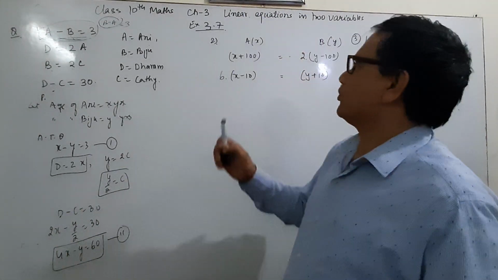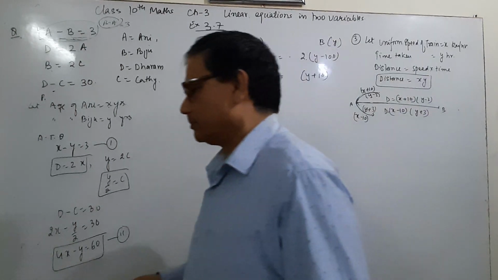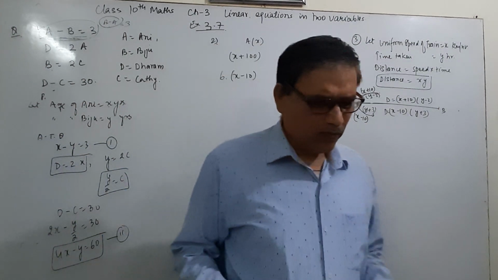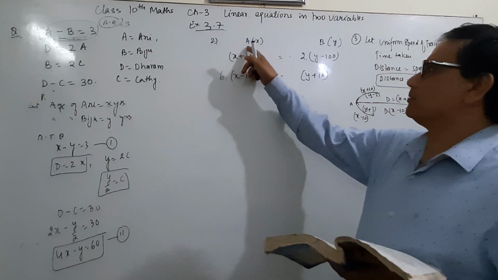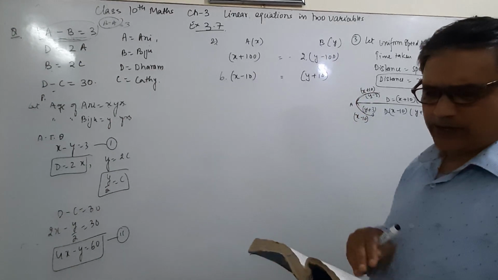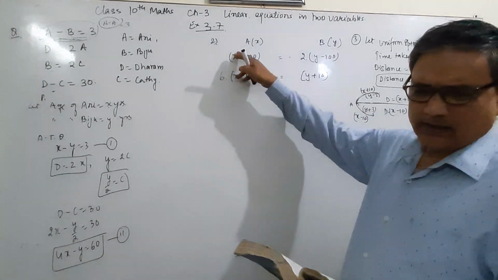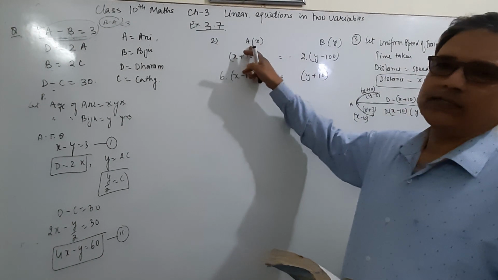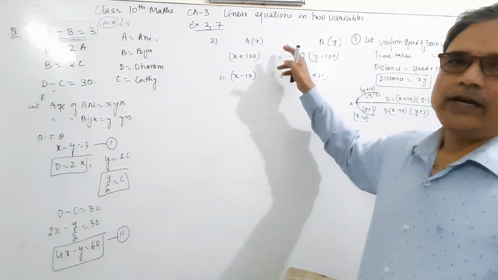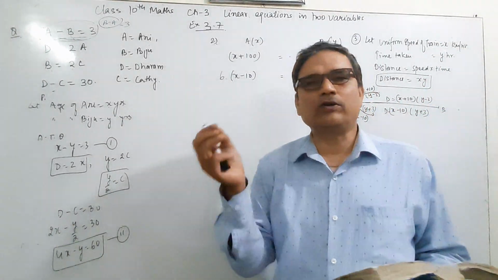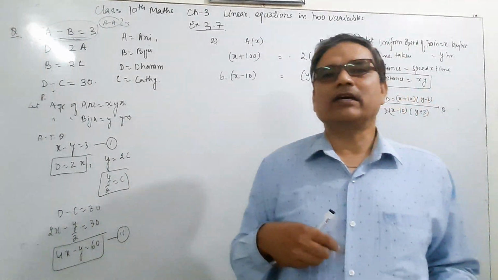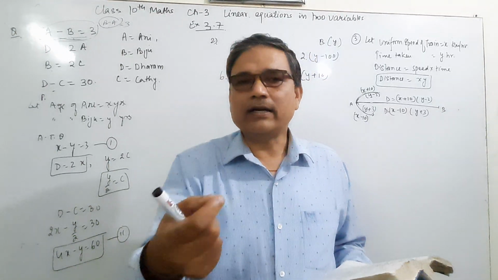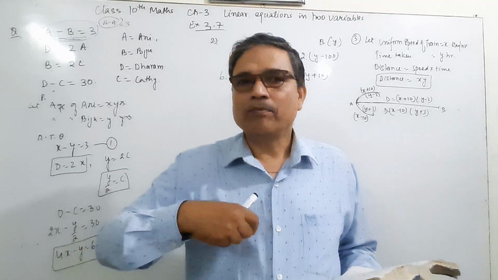And now the second question. One person is A, the other person is B. A says to B, give me 100 rupees. It means A is asking for 100 rupees from B, so the 100 rupees is given to A by B. If I give 100 rupees to you, it means 100 will be added to you and 100 will be subtracted from my side.